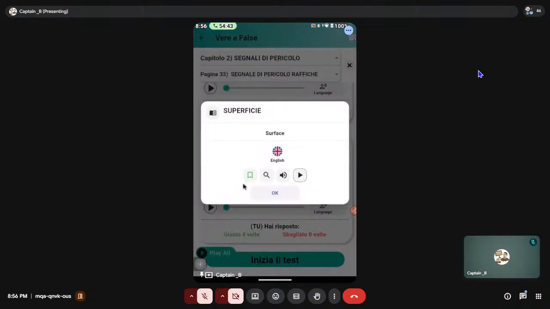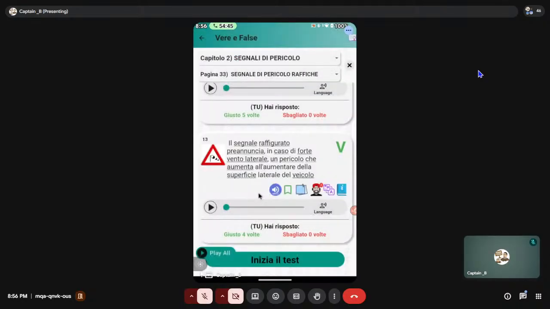Superficie also means surfaces of the side of the vehicle. The surface of the side of the vehicle. The breeze is coming from the side, laterale. It will increase its pushing. Yes, it is true. È vero.